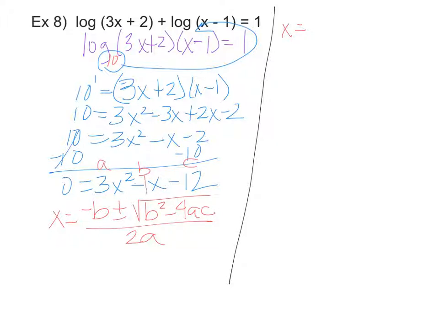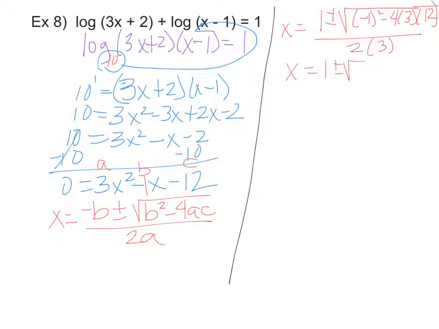So the opposite here of negative 1 is just 1, plus or minus the square root of b squared, so negative 1 squared, minus 4 times a times c, all over 2 times a. Cool, let's clean it up a little bit. 1 plus or minus the square root of 1 minus 144.